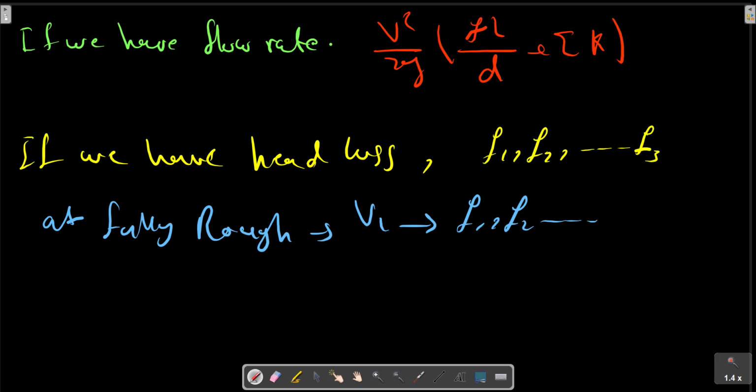The second type is pipes in parallel. The second multiple pipe system is the parallel flow case, which is shown in this picture.